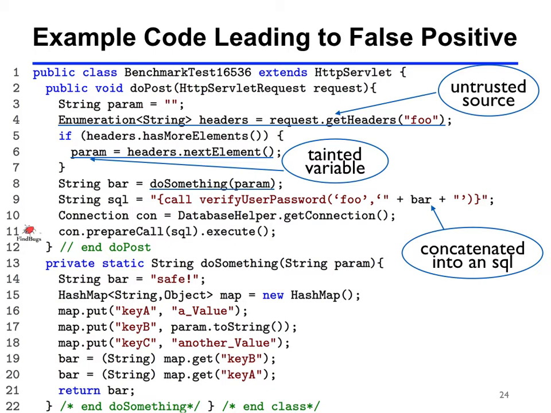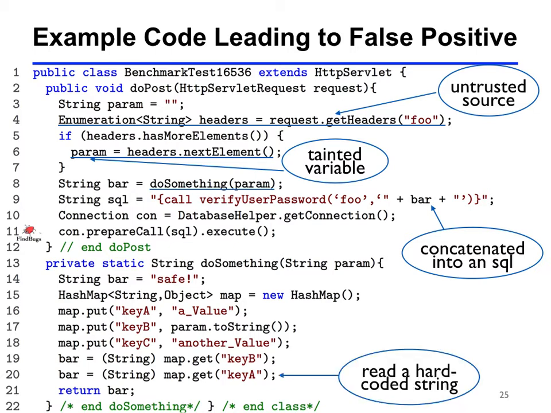The answer lies in the body of the doSomething method. We see that the last value this bar variable gets is the value associated with key A, which was inserted into the map at line 16, and it is a hard-coded string, therefore it is safe.